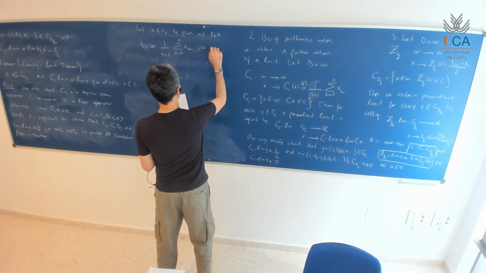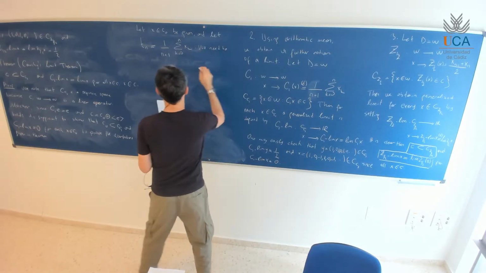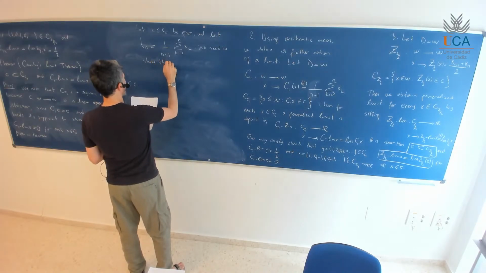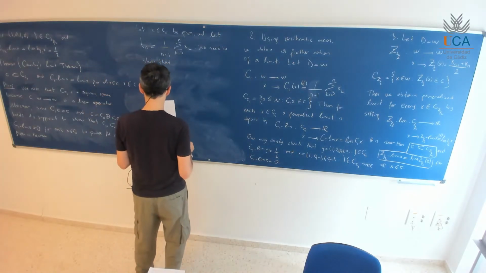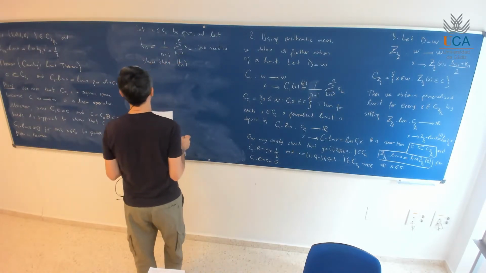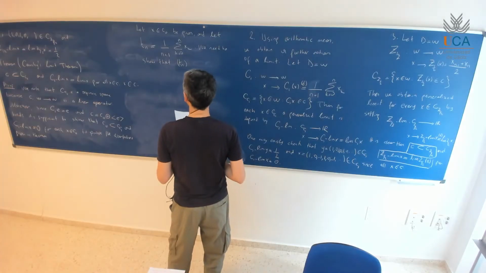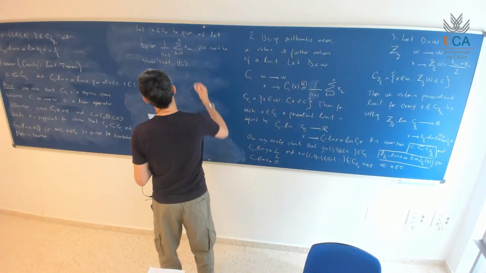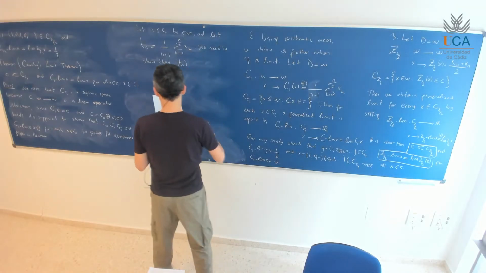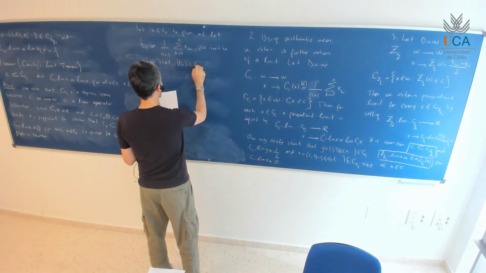We need to show that this sequence, which is in fact the arithmetic mean of the terms of the sequence x, is in c naught.